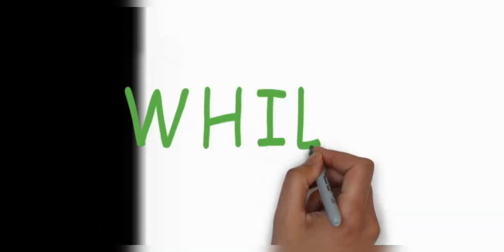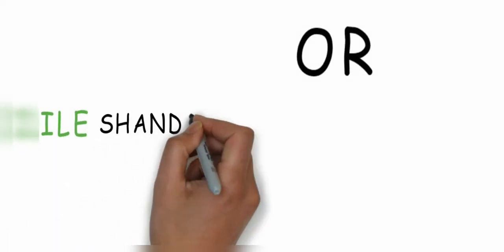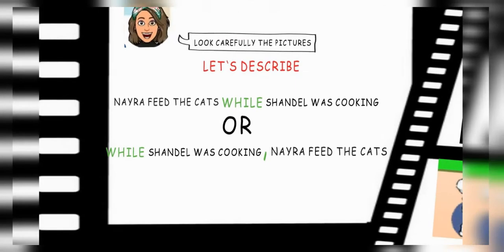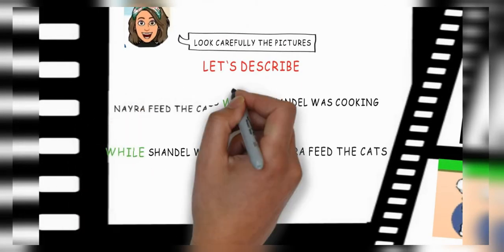Naira fed the cats while Chandel was cooking. Or we can say, while Chandel was cooking, Naira fed the cats. And also, we don't forget the comma, okay? So there we have two sentences.